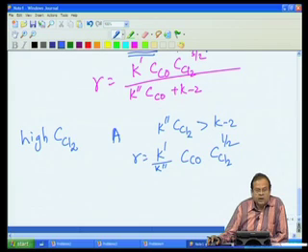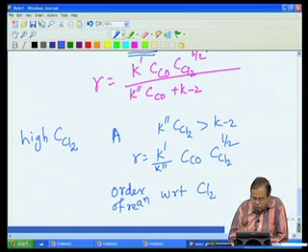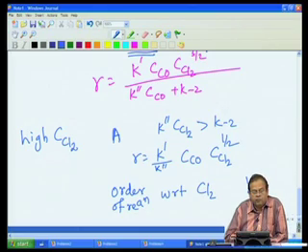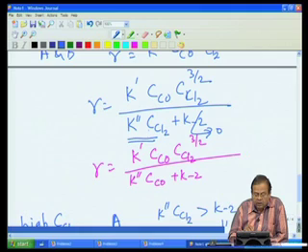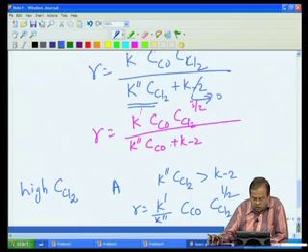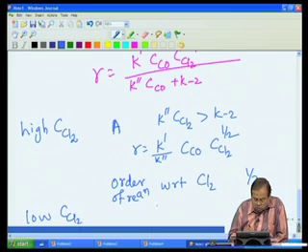So, at high concentration of Cl2, the order of reaction with respect to Cl2 is half. At low concentrations of Cl2, when this term is negligibly small with respect to K minus 2, what is the order? So, this is at high. At low CCl2, the order with respect to Cl2 is 3 by 2.